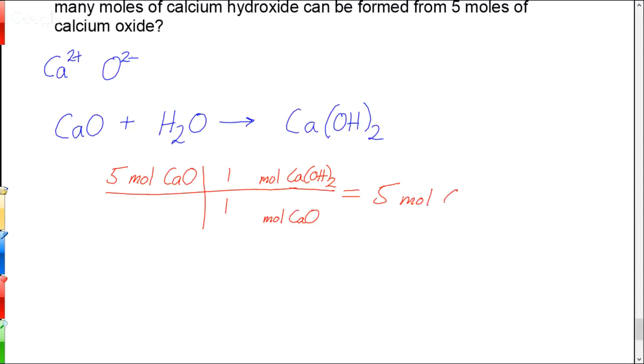We form 5 moles of calcium hydroxide, since there is a 1-to-1 ratio between those in the formula, or in the equation. Make sense? Can I try another one? All right.